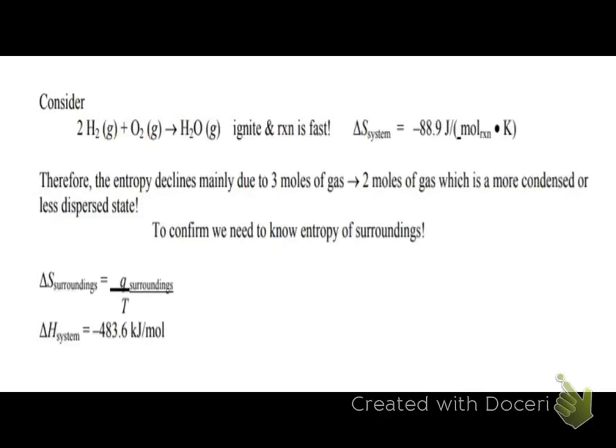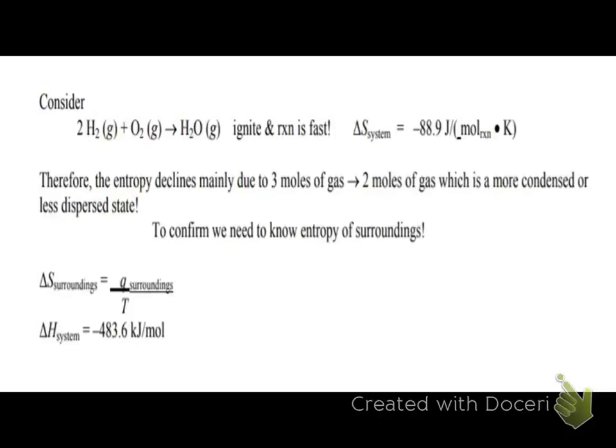So consider this reaction. When we ignite that, the reaction happens really fast. But if you look at the entropy of the system, it's actually negative, okay? Because your H2O molecules are more ordered than your diatomic ones. You're going from 3 to, oh, that should be a 2 in front of that H2O. They didn't balance it. Shame on them. Put a 2 in front of H2O. Oh, 3 to 2.